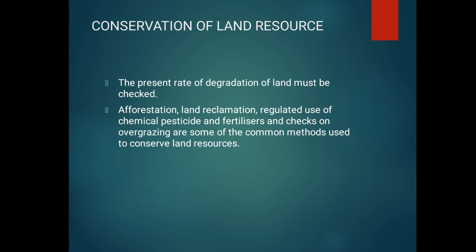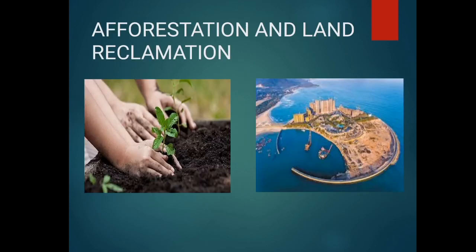That means pesticides and fertilizers we use for killing insects in the agricultural land and improving the quality of the crop. These chemicals we should not overuse. And checks on overgrazing, so that cattle and cows are not allowed to overgraze in the same place. So these are some common methods used to conserve land resources.